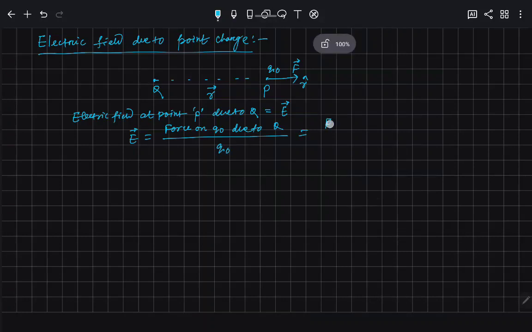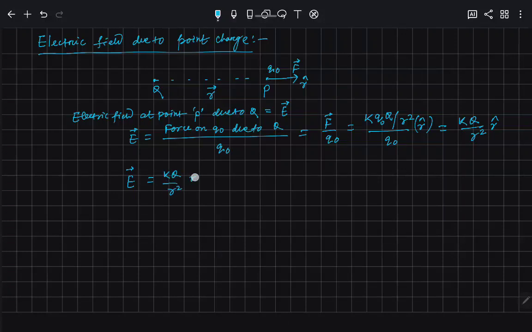This will be F divided by Q naught. You know that this will be Q naught Q divided by R square, divided by Q naught, along R cap direction. How much it will come here, you see, this will be Q divided by R square along R cap direction. So I am writing here, electric field due to positive charge Q will be KQ by R square along R cap.